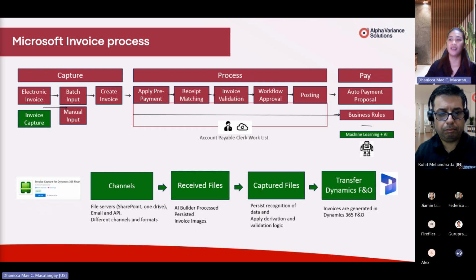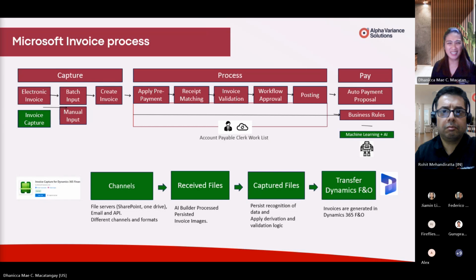How can we do that? See that we have different channels. We have a direct channel as well, wherein we can upload scanned copies of the vendor invoices that we receive from our various suppliers. From that, we can still depart from doing the manual invoice processing, entering line per line item in our system in finance and operations, specifically if we are a user of finance and operations.